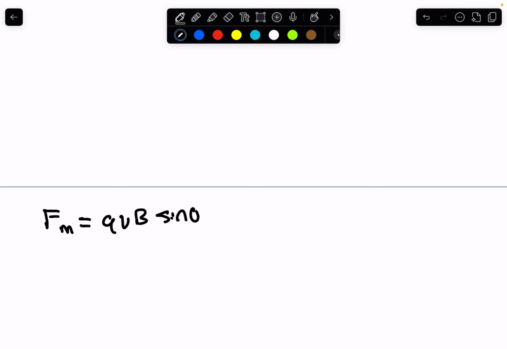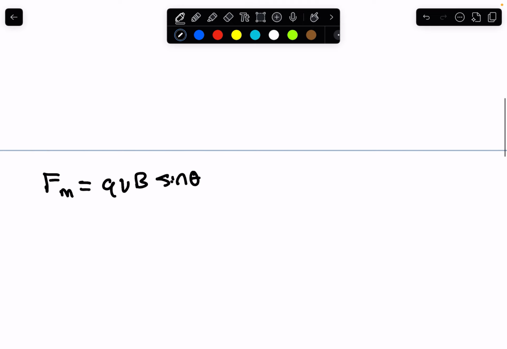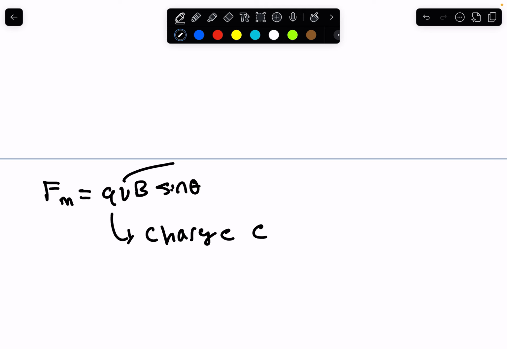sine theta. Q is charge, of course, so the greater the charge in coulombs, V is speed. The greater the speed, the greater the magnetic force.